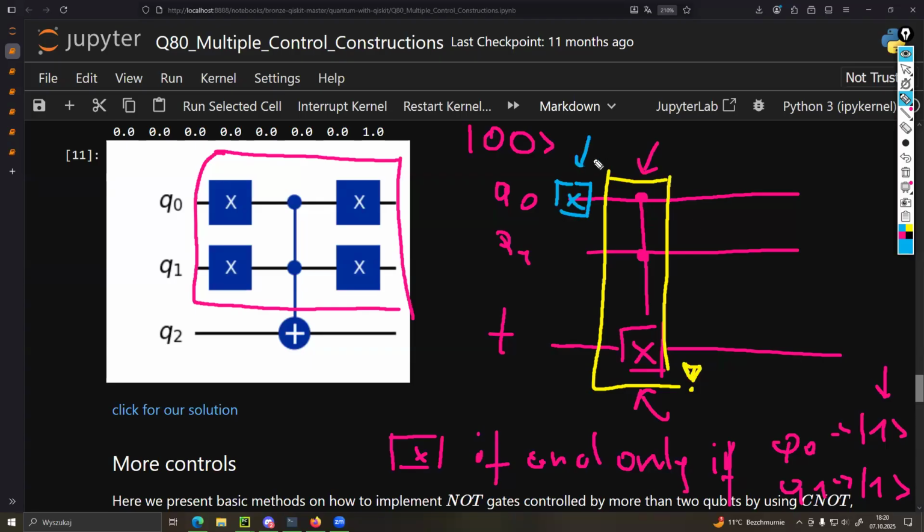And now if I append an X here, I will negate the 0 into 1, and now this control will be fulfilled. If I want a 0-0, I have to append yet another X in this position. Now I can check against a 0-0 situation, right? So if my quantum register is a 0-0, I can check this now.